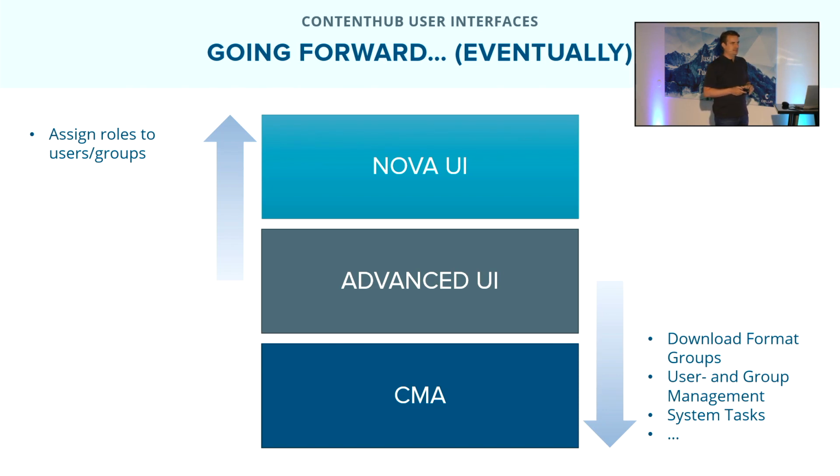But there's no fixed timeline on this. We're going to do this gradually, so no need for waiting on that. So advanced UI will remain part of each release, but it will lose relevance over time. Okay, and so having said that, we're now going to have a tour through Nova.